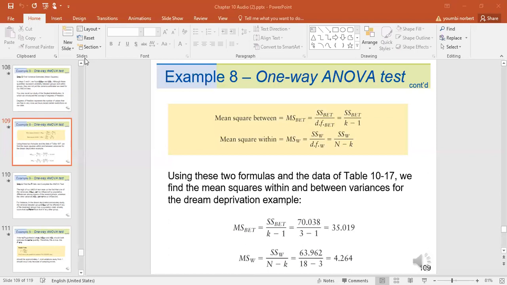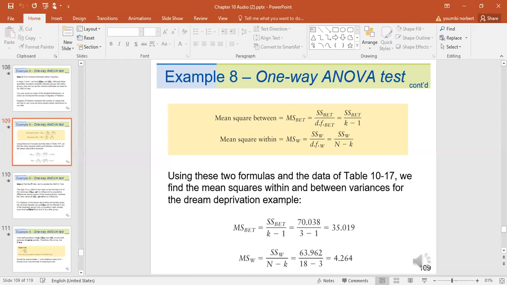What is the sum of the square within? This is within. 63.96.